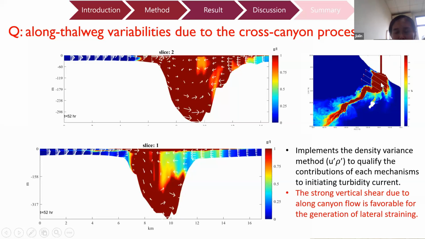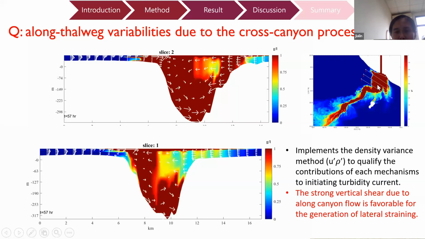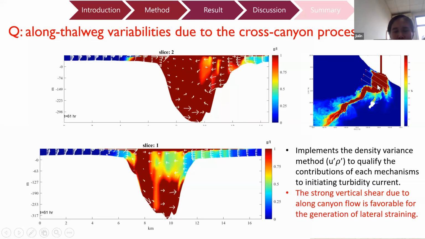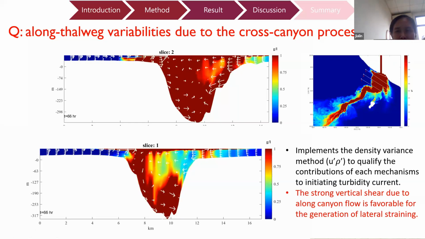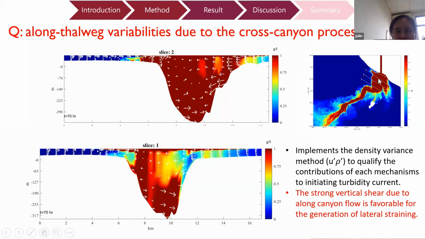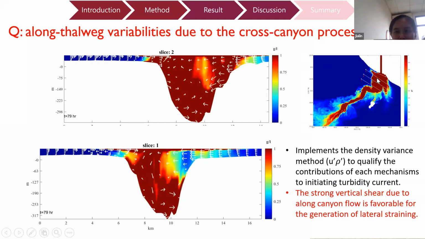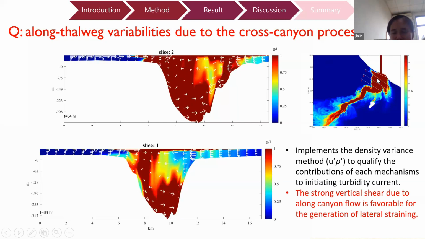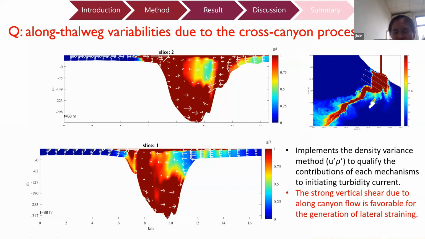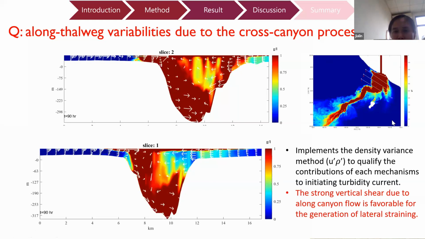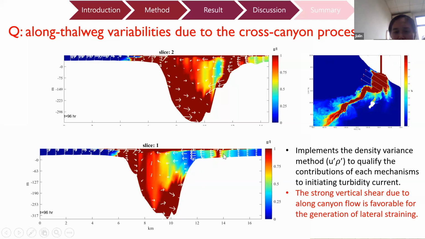Because the river mouth is 2 kilometers from the canyon, the riverine sediment does not go directly into the canyon, but spreads a little to the side of the river or the side of the canyon. Furthermore, you can see there is some lateral velocity in the cross-shore direction that drives the sediment further into the canyon.